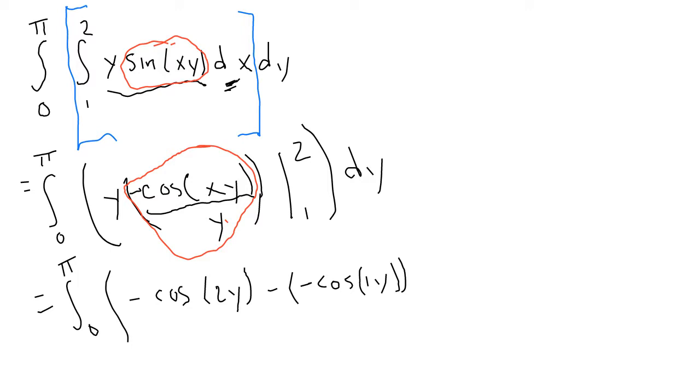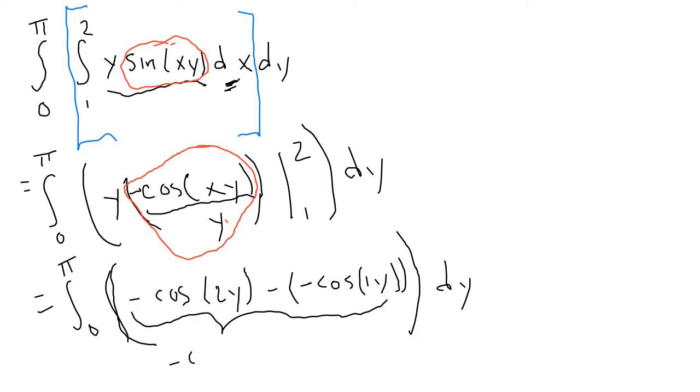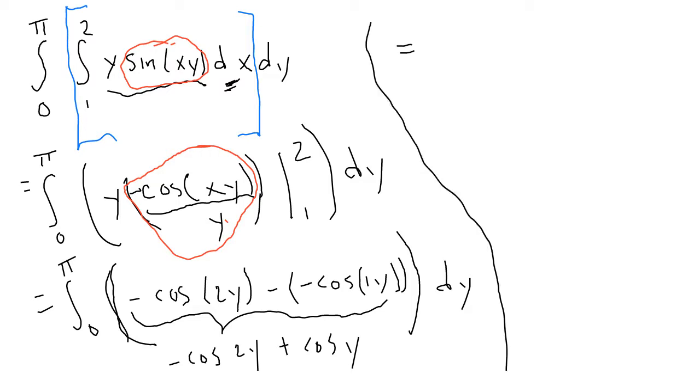So we're going to get here a negative cosine of 2y plus a cosine of 1y. That's going to be your integrand. Are there any questions so far?